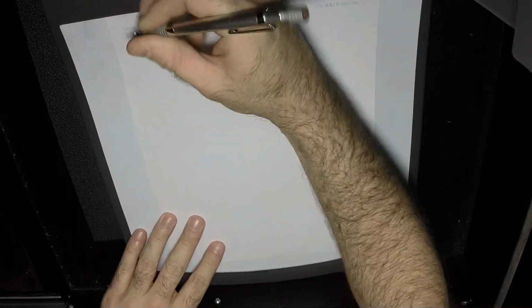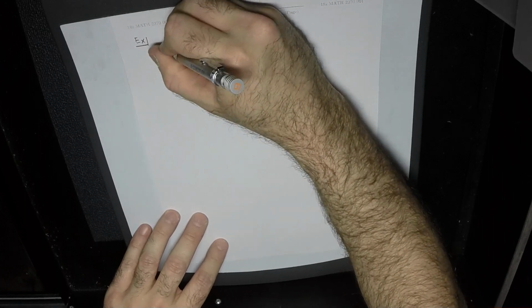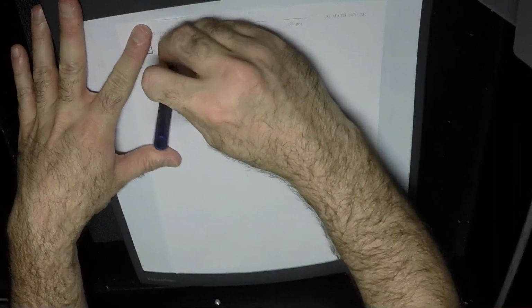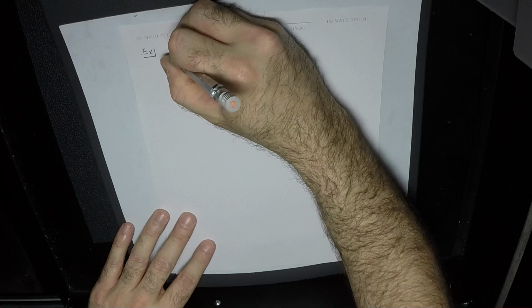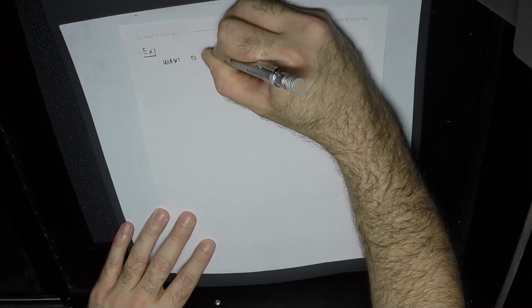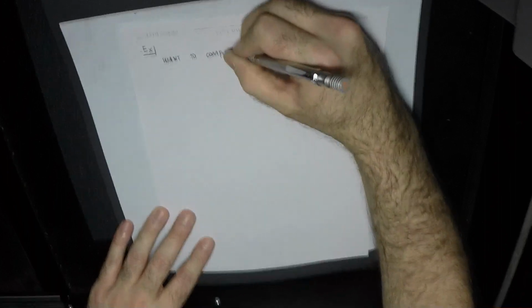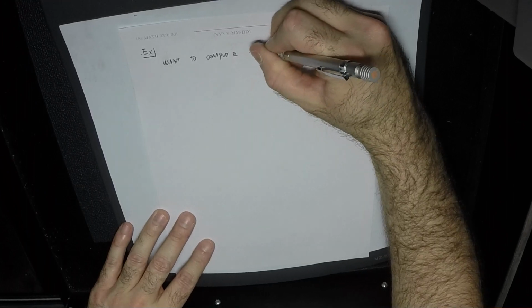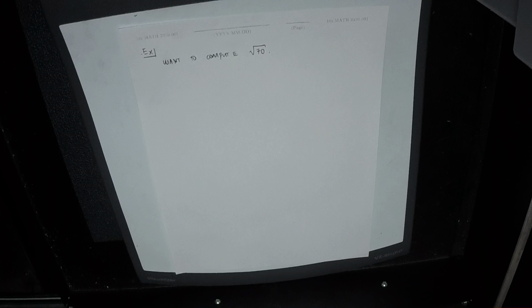So, for example, suppose that we want to compute the square root of 70. So the first time I do it is going to be tedious in the extreme.